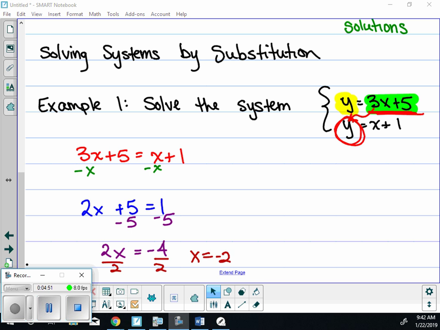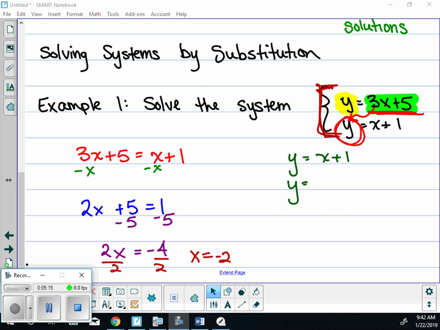But we're solving a system of equations, which means we are going to find a value for x and a value for y. So we need to go back to our original set of equations and pick one of them. I usually pick the one that has the smaller numbers. So y equals x plus 1, but it really doesn't matter which one.